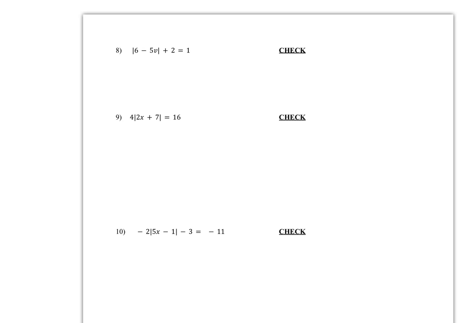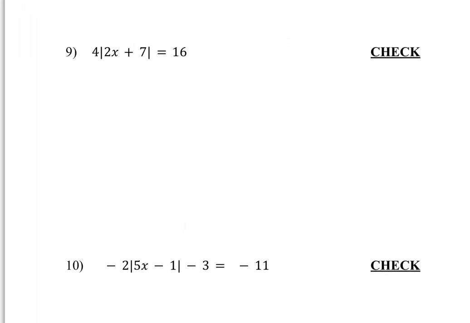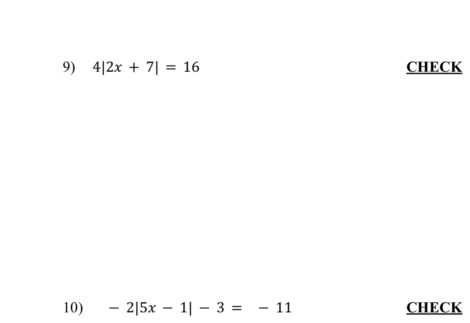Okay. Number 9, it says 4 times the absolute value, 2x plus 7 equals 16. Since we are multiplying that 4 on the outside, can it stay there? No. How do I undo multiplying?